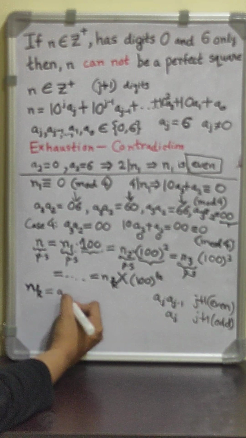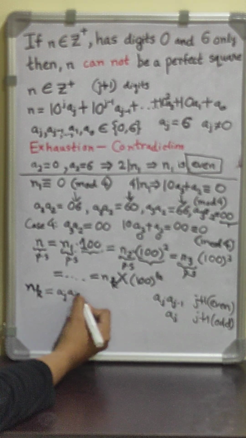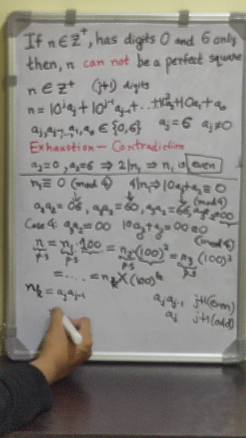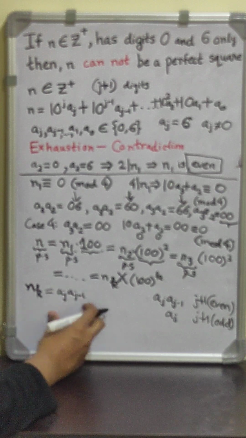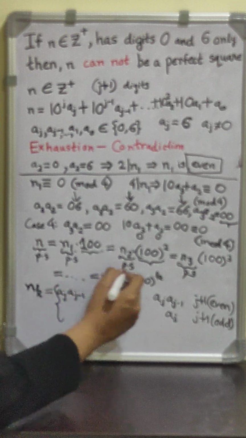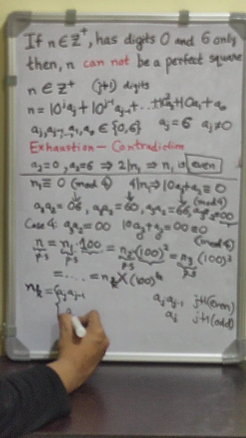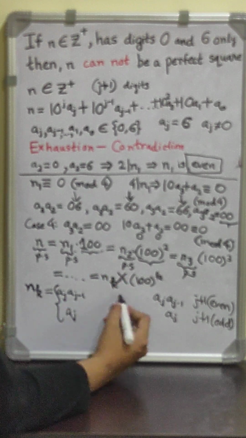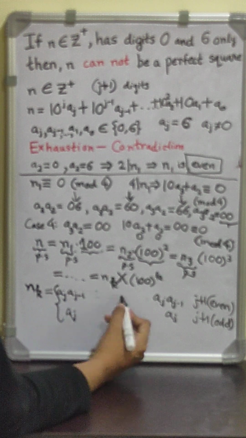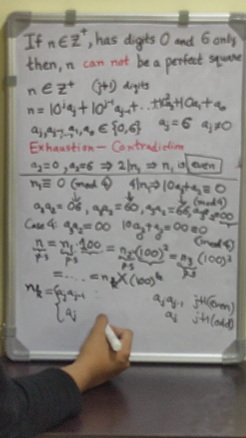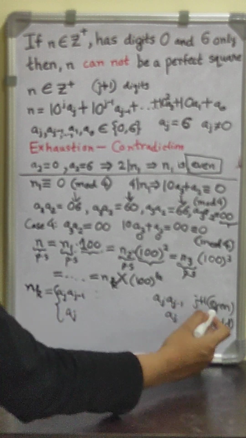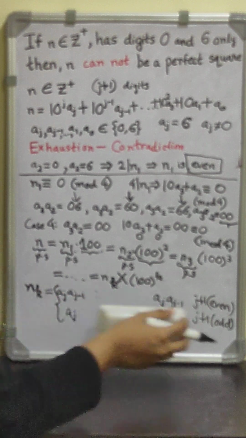I can have two cases, where the last thing that is left will be either this or this. This is for even digits and this is for odd digits. It just follows from here.